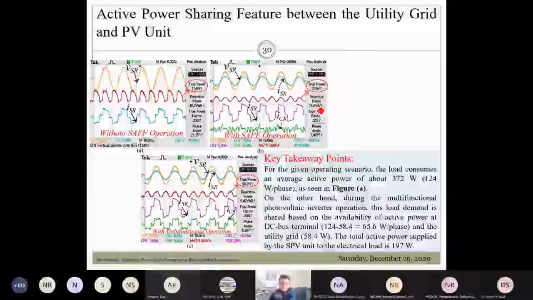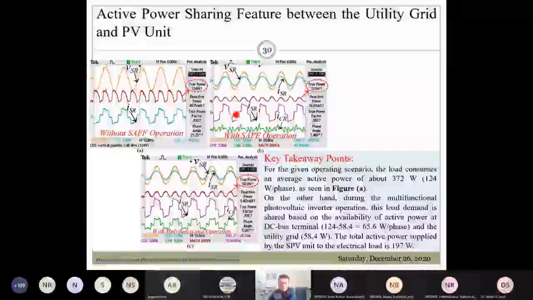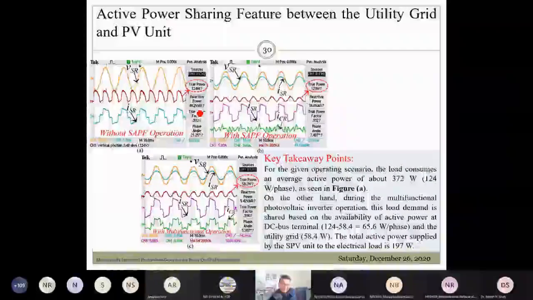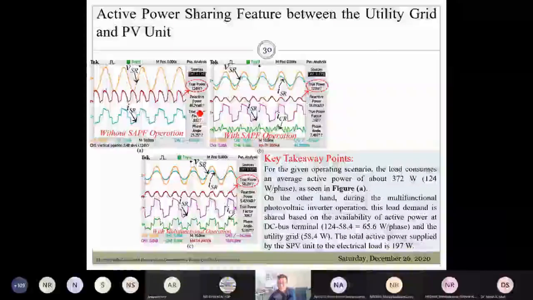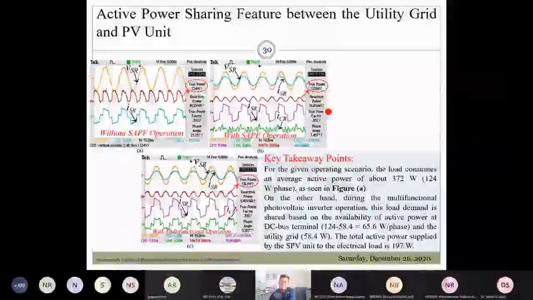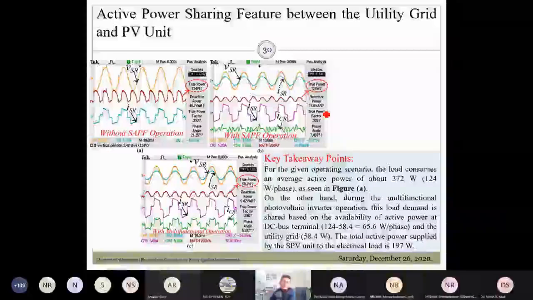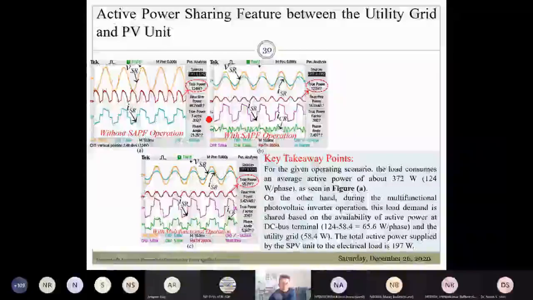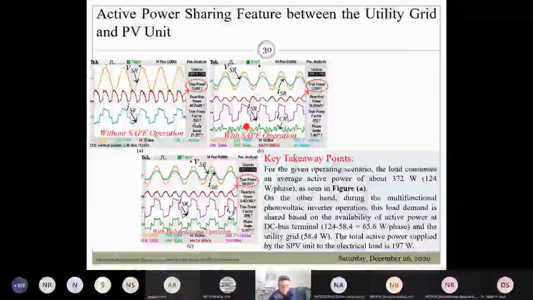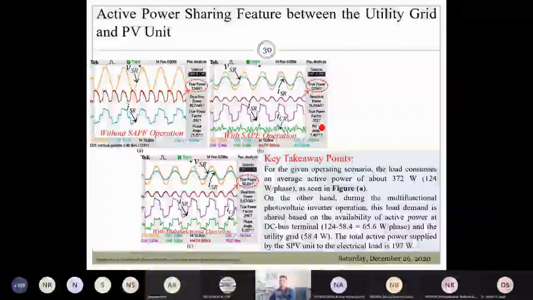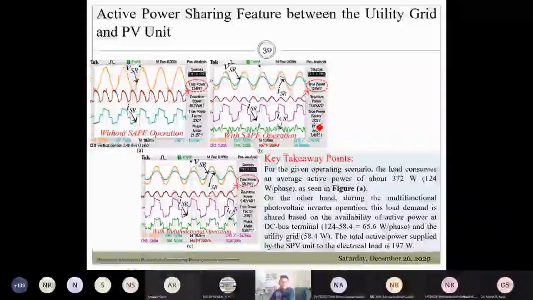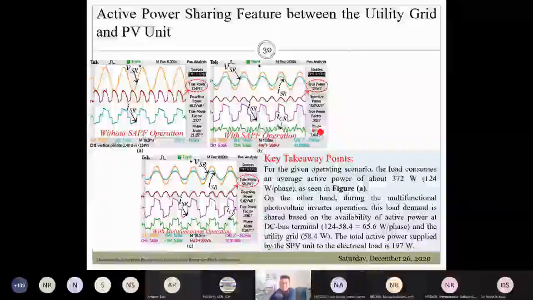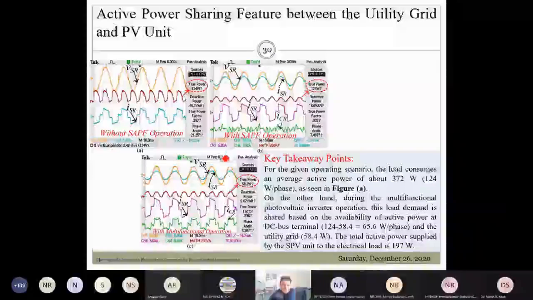But now you can see that the reactive power supported by the utility grid is dropped from 48.2 VAR per phase to 16 VAR per phase, which confirms the reactive power handling capability of the proposed active current control. As a result, the grid power factor is improved from 0.93 to 0.92, which further confirms the unity power factor operation of the proposed multifunctional PV inverter.